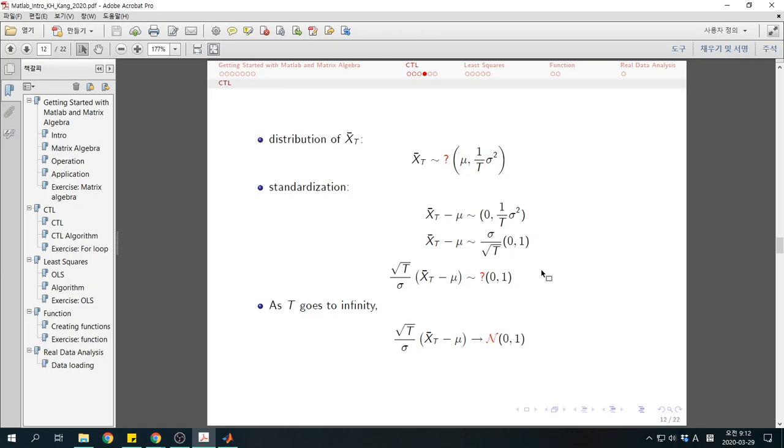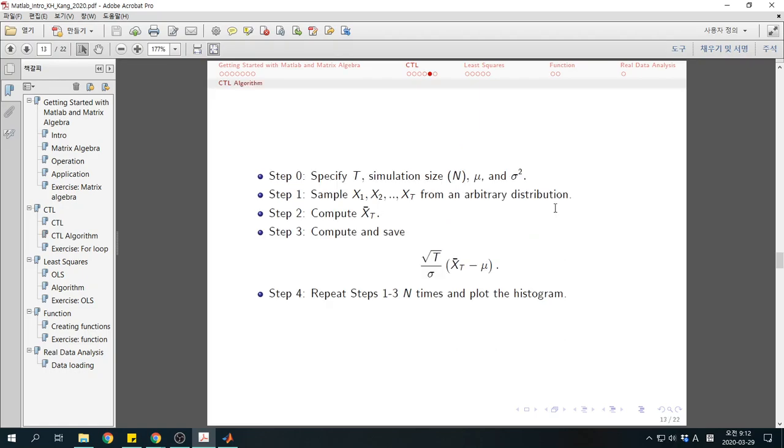By using MATLAB programming, we are going to test or examine the CLT, just to verify this theorem using one particular example. So here is the algorithm to test this CLT.